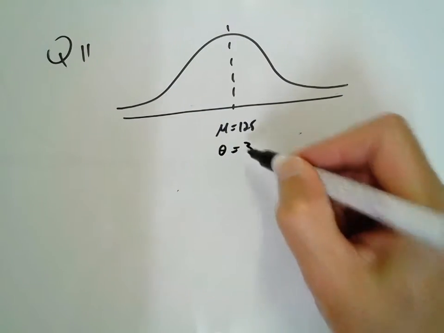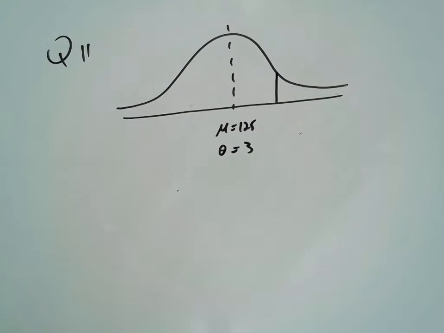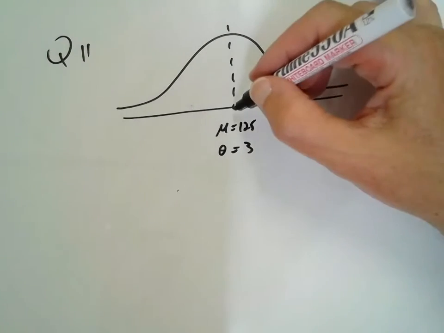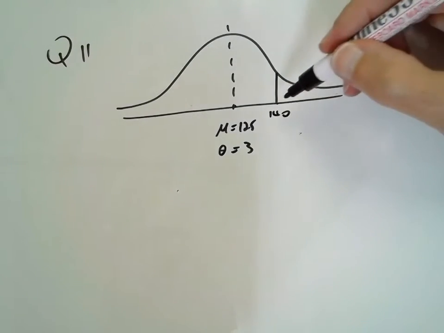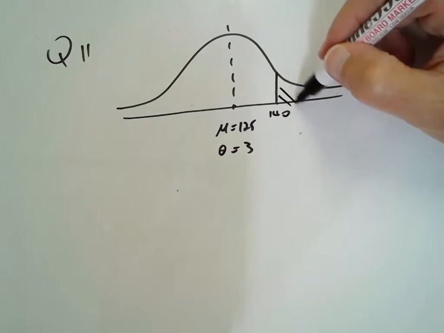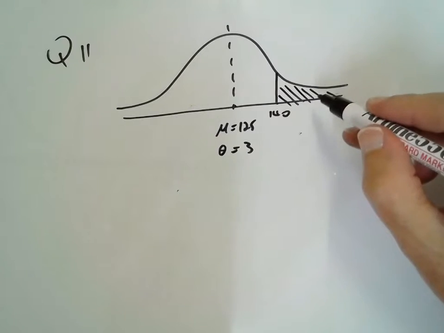Standard deviation is 3 hours. And the wording is, find the probability that a randomly selected light bulb lasts for longer than 140. So if that's 125, I'm going to say that's 140. What's the chance it lasts for more than 140? I'm looking for that area in there.